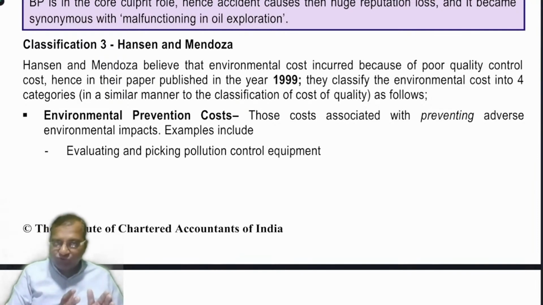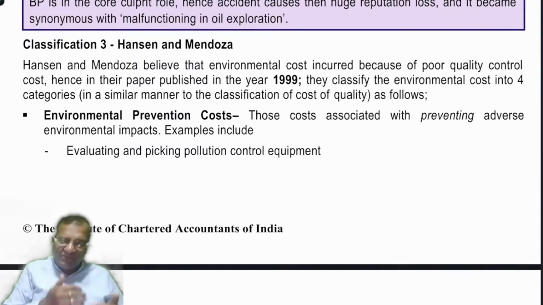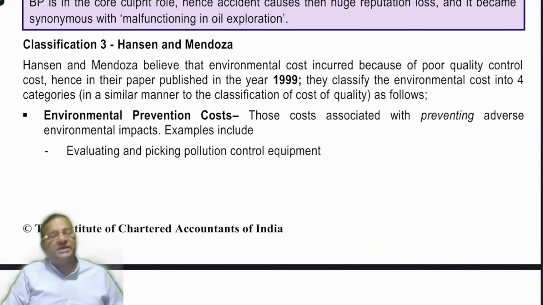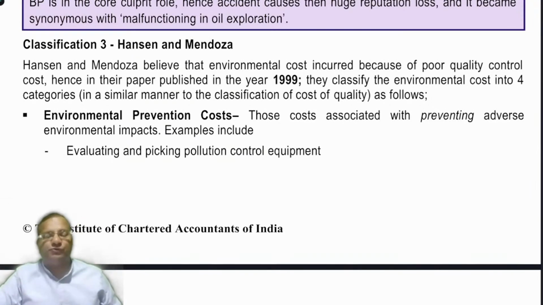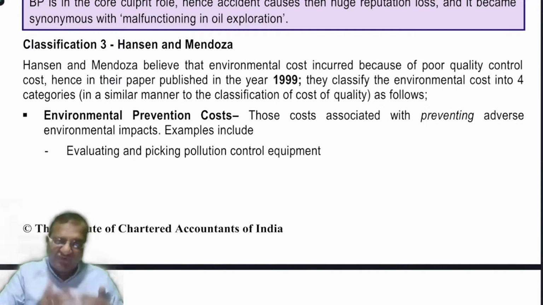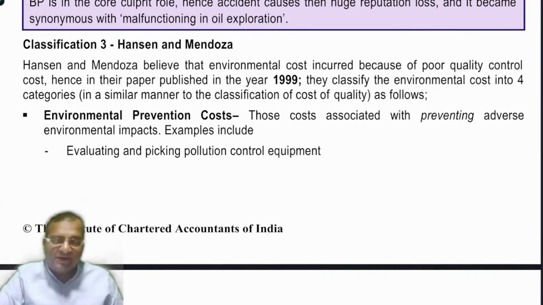What you studied in cost of quality is not here as it is, beta. It has been deliberately modified so that the cost of quality concept can fit into environmental management accounting. So let's revise the cost of quality concept first in the first 2 or 3 minutes, and then you will be given time to read classification number 3, interpret on your own, and then definitely we will discuss the point, because according to me, this is the most important classification of environmental cost.